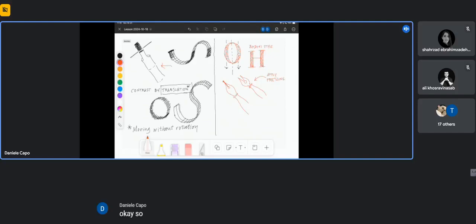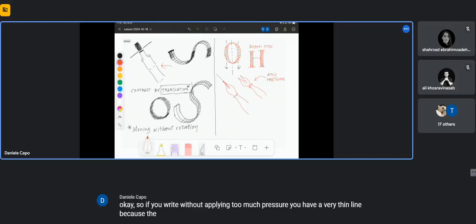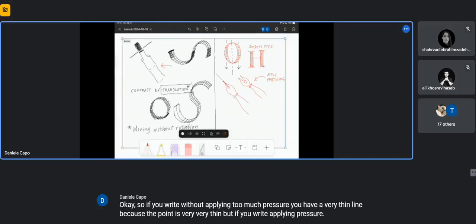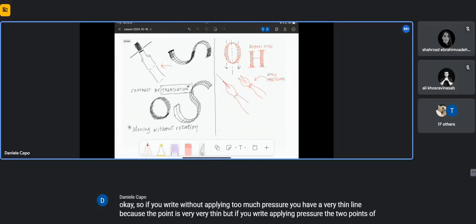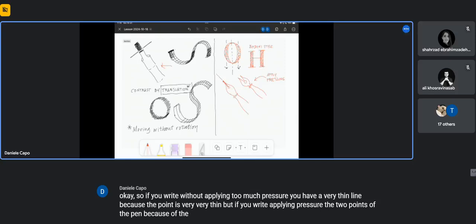Okay, so if you write without applying too much pressure, you have a very thin line because the point is very, very thin. But if you write applying pressure, the two points of the pen, because of the cut, diverge and you have a bolder line. Okay?